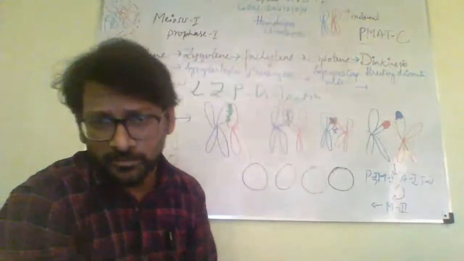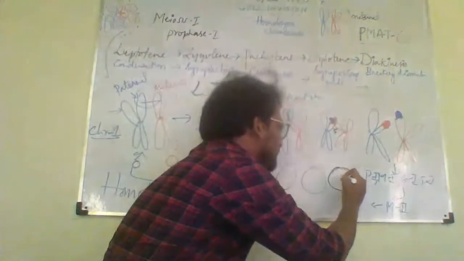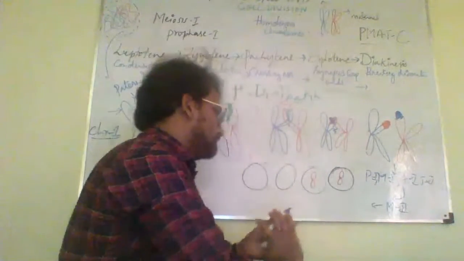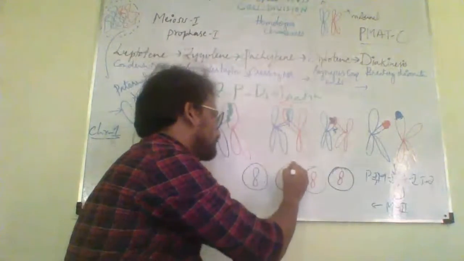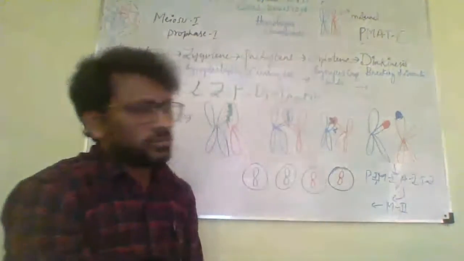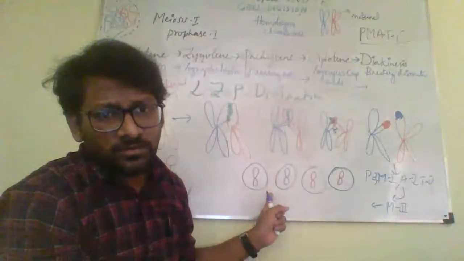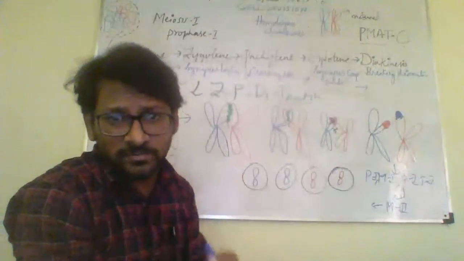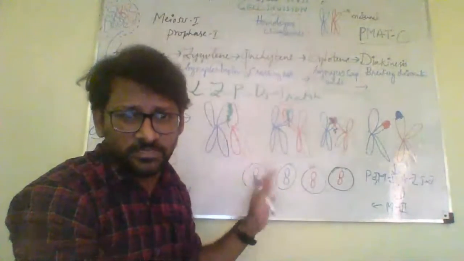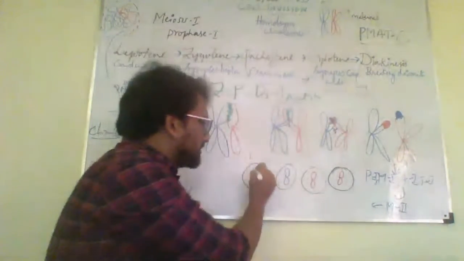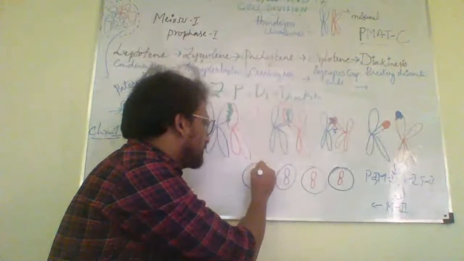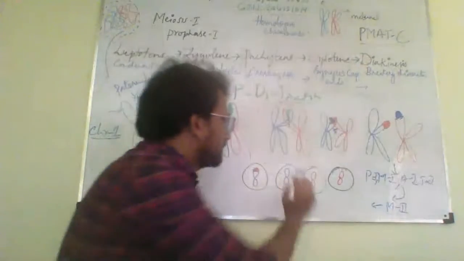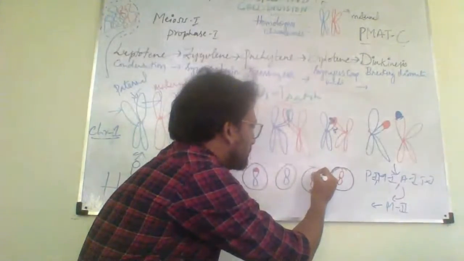Then they would appear like this. Here there are normal parental types as well as recombinant types. That's where linkage etc. would come. Here we are not talking about linkage, but you may find one of the recombinant chromosomes here, and one of the recombinant chromosomes here.